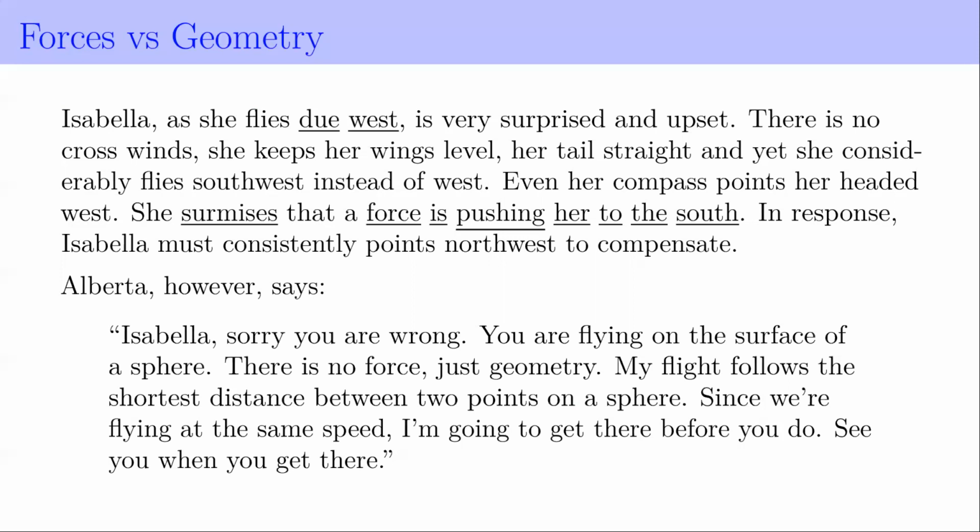Even her compass says she's headed due west. So she surmises that there must be a force pushing her to the south. In response, she has to consistently point northwest to compensate.